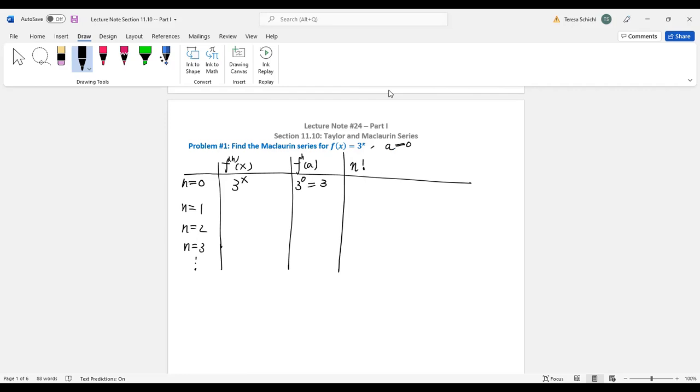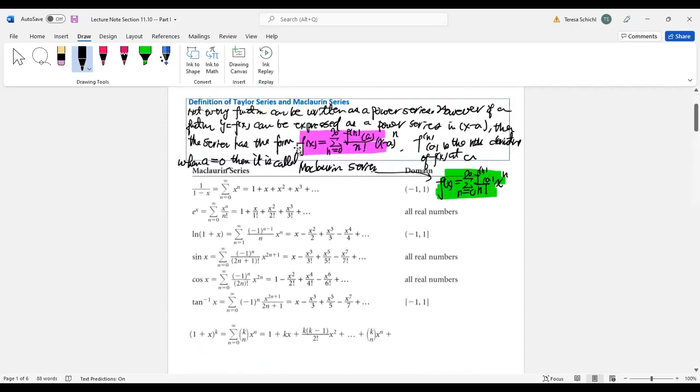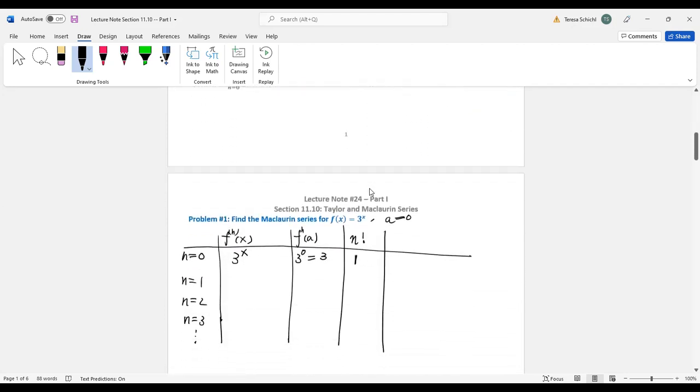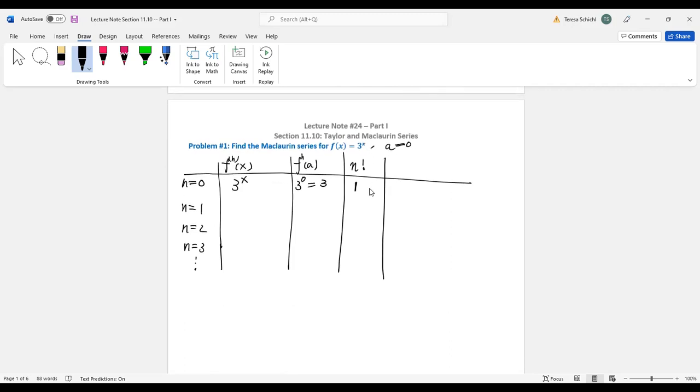Now after that, the next thing you put is the n factorial, because based on our formula we have factorials, right? So here n is equal to 0. 0 factorial is what? 0 factorial is 1. And the last column, let's put together the definition: the nth derivative at a over n factorial, times x to the n, because it's Maclaurin.